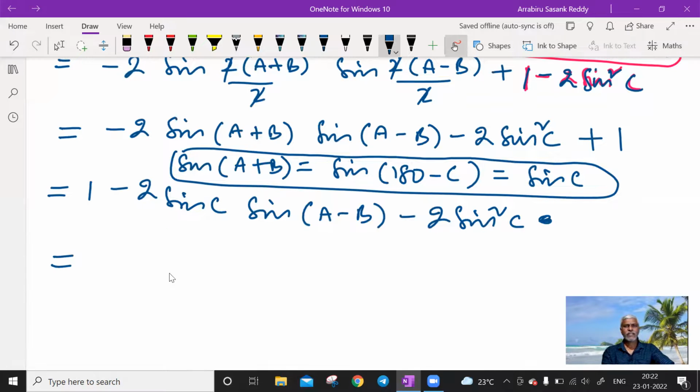Taking minus 2 sin C common, sin(A minus B) will remain.